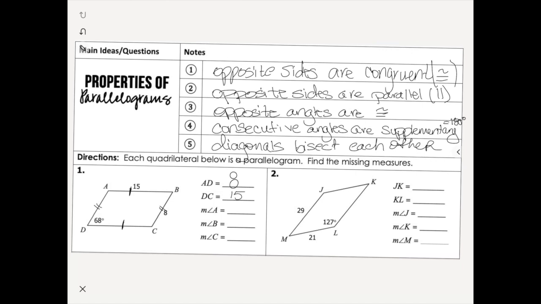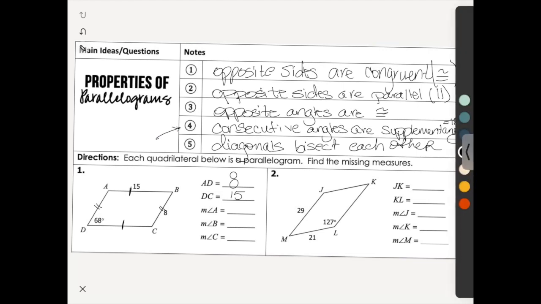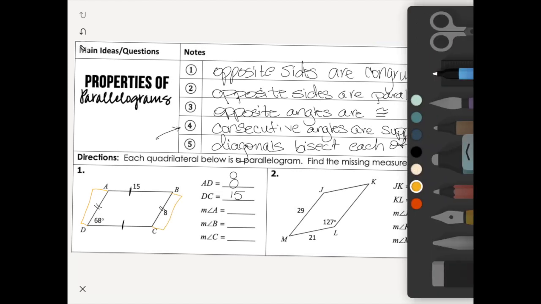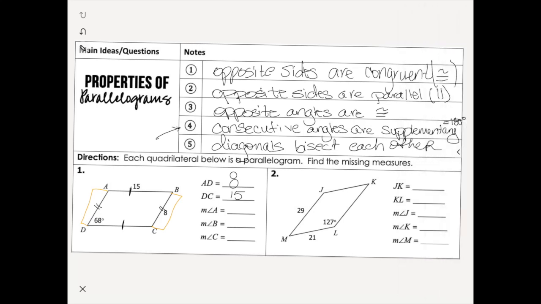Now, we know that the measure of angle D is 68, and we also know that consecutive angles are supplementary, which means same side interior angles. So this is the same side, this is the same side. Same side interior angles are supplementary, which means angle D plus angle A has to equal 180.